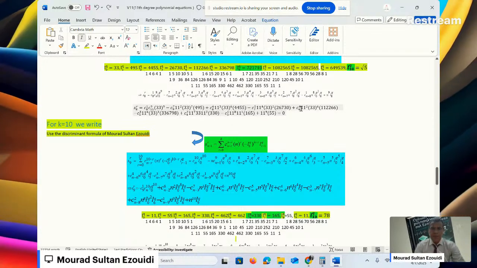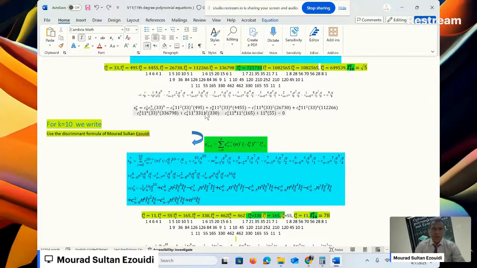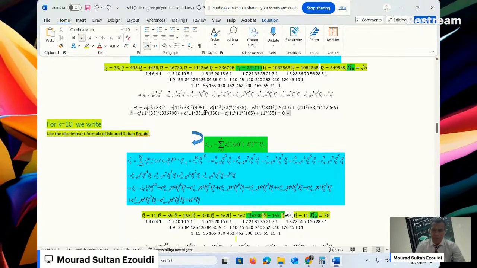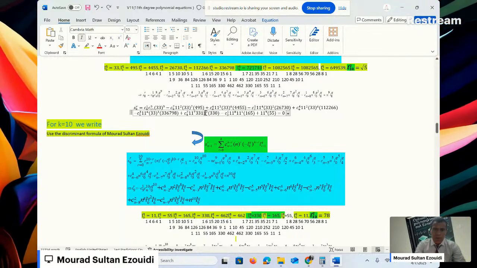We continue this example. Okay, this is another this. Okay, finally it works.